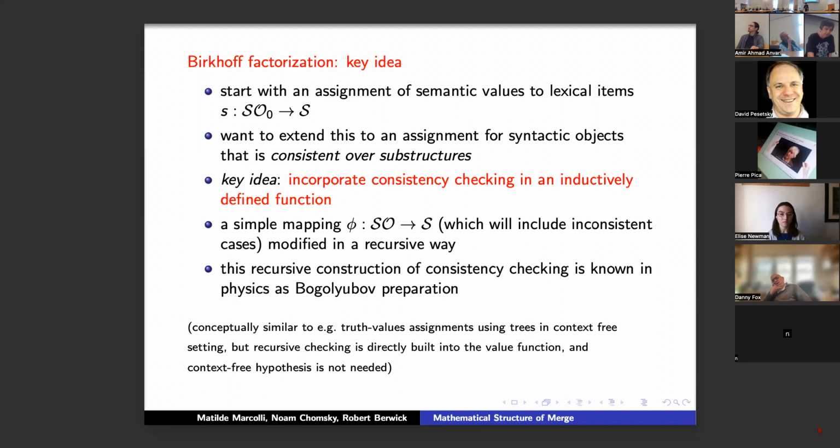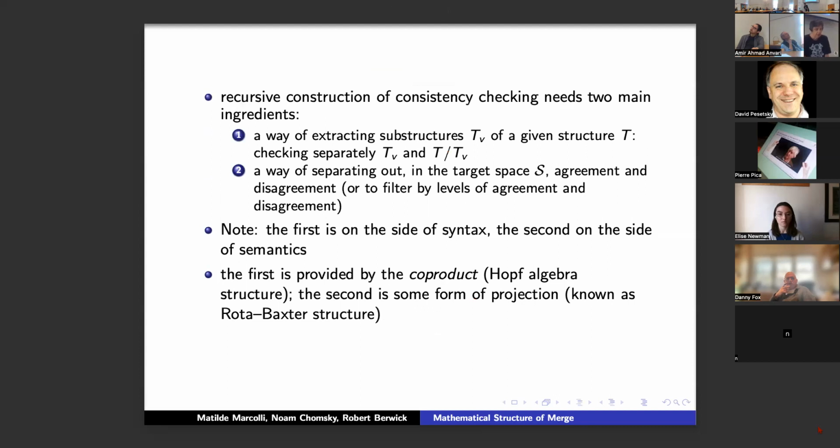And also there's no context-free hypothesis that is needed for this. Okay, so what do you need to do? First of all, what do you need for something like this to be possible? To construct a function like this with these properties. So this kind of recursive construction of consistency checking requires two things.